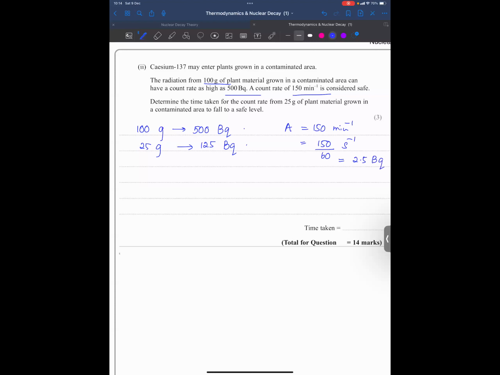Per second is what you call becquerel. The activity per second is what you call becquerel. So what we need to find is the time taken for this activity of 125 becquerels to fall down to 2.5 becquerels.